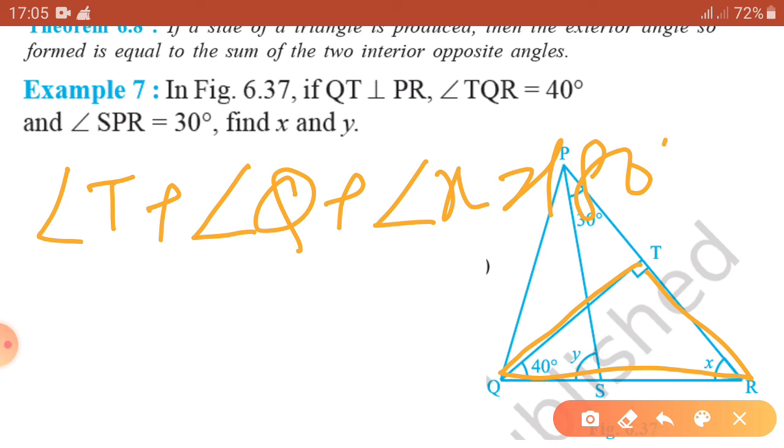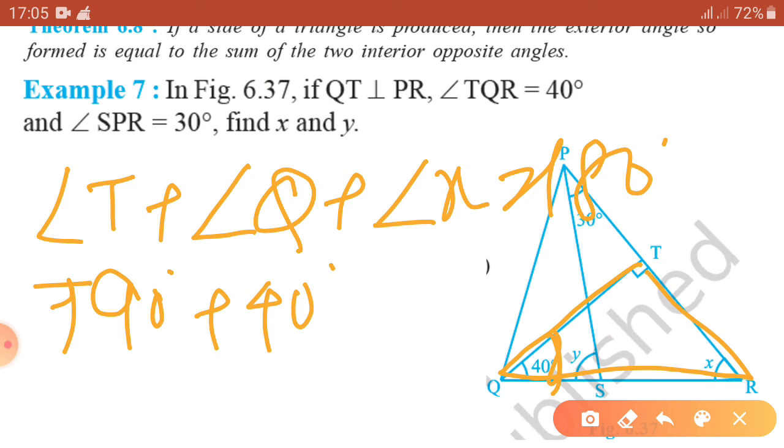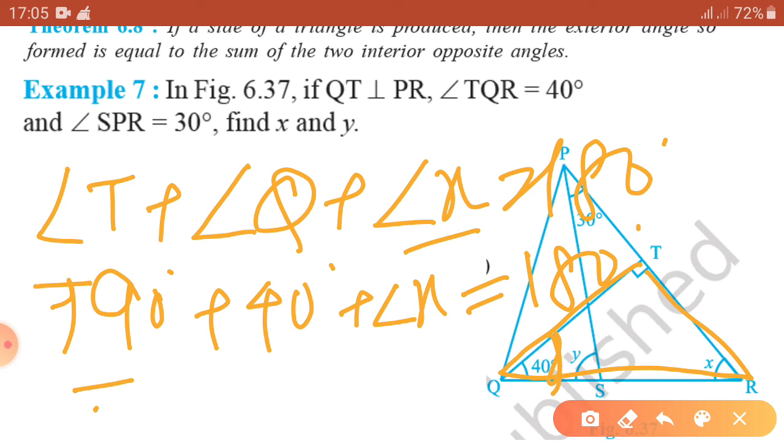From the figure and the statement, T is 90 degrees, Q is 40 degrees, and angle X remains. So angle X is equal to 180 degrees minus 130 degrees. So we got the value X is equal to 50 degrees.